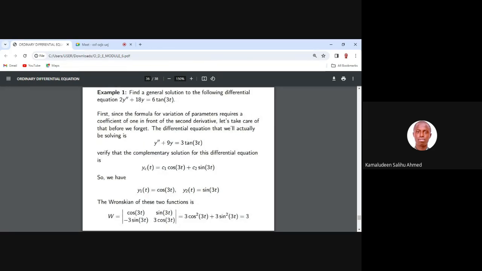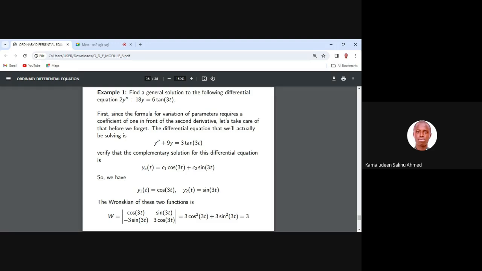Example number 1. Find a general solution to the following differential equation: 2y'' + 18y = 6 tan 3t.